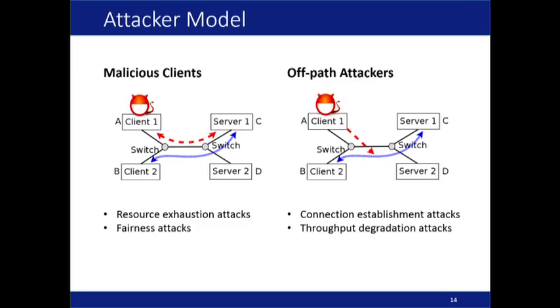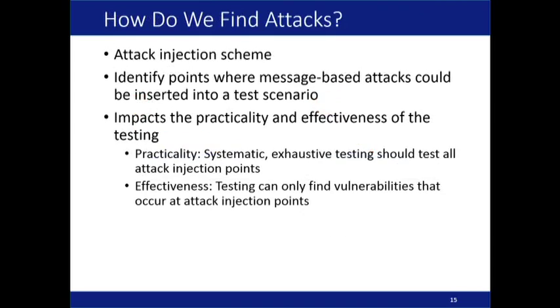Okay, so the question we now want to consider is how do we go about finding these types of attacks in an automated manner? The solution to that is some form of attack injection scheme. That is, we want to identify points where we can insert some form of message-based attacks into our test scenario to attempt to find attacks on these protocols.